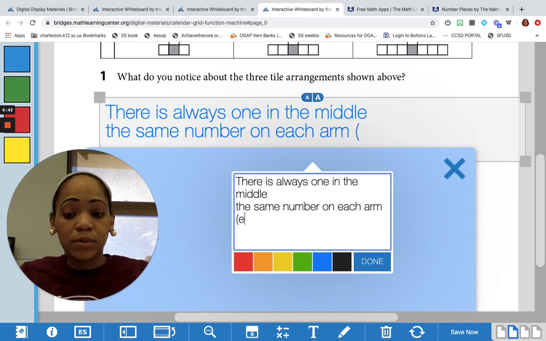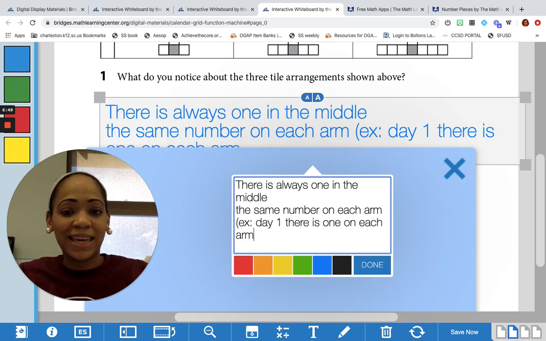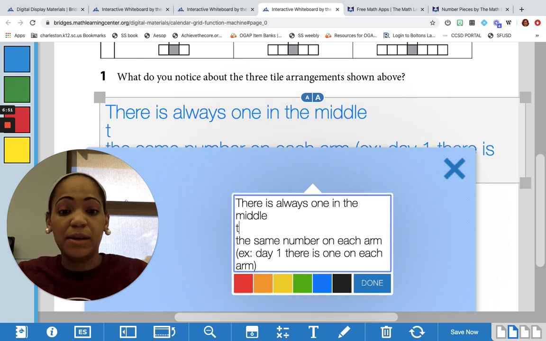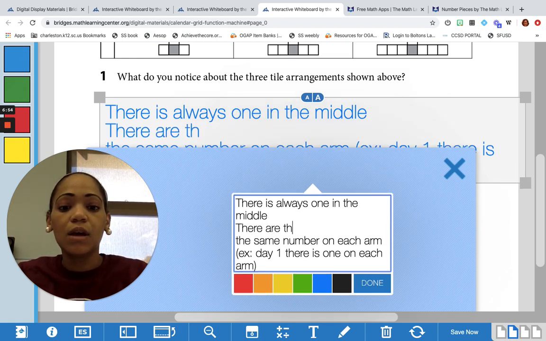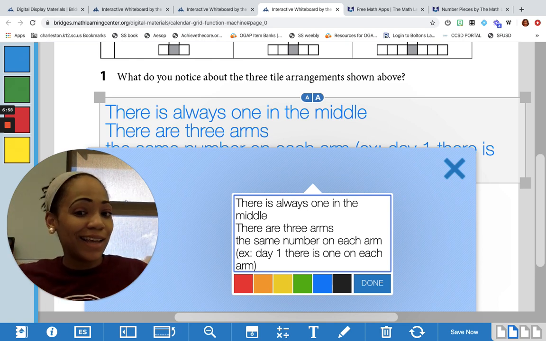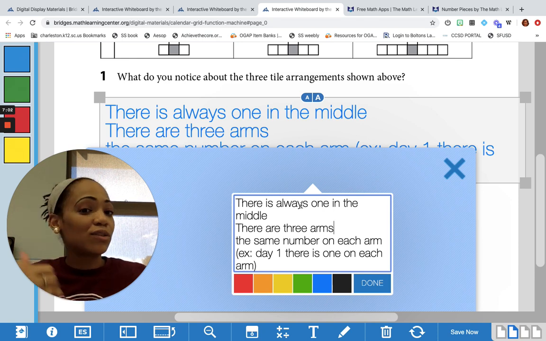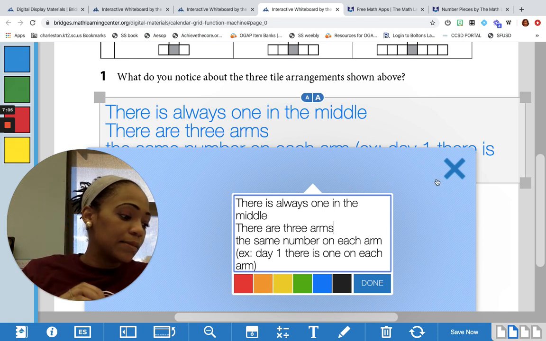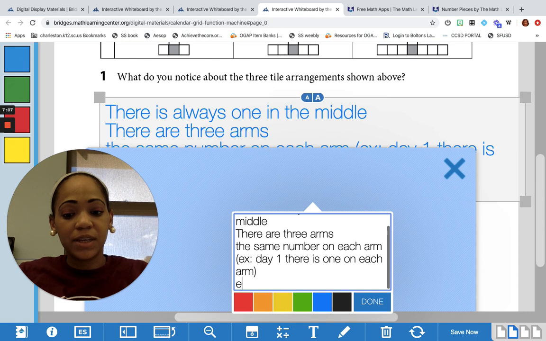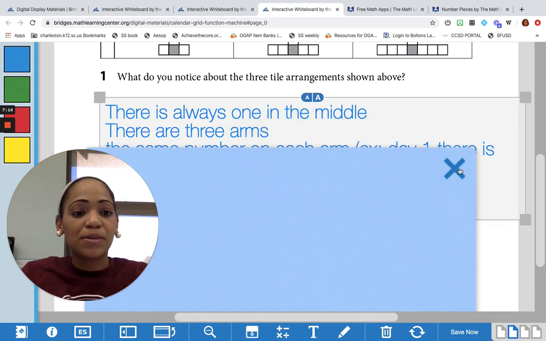So for example, on day 1, there is 1 on each arm, which means, I guess I should say, that there are 3 arms, right? All right, so there's always 1 in the middle. We have 3 arms, and then the same number are on each arm. So on day 1, there's 1 on each arm. Day 2, there's 2 on each arm. And it's still going up by 3. Each day increases by 3.